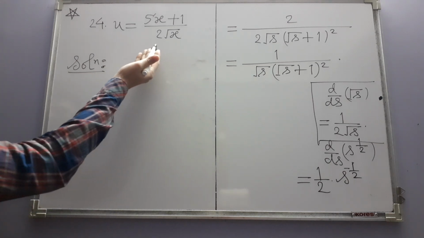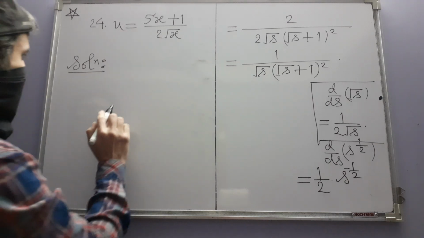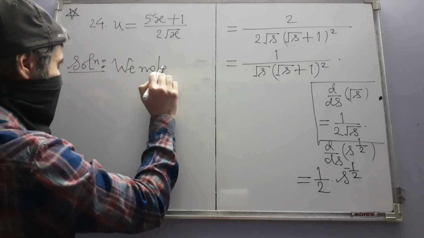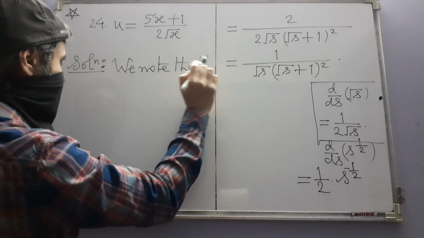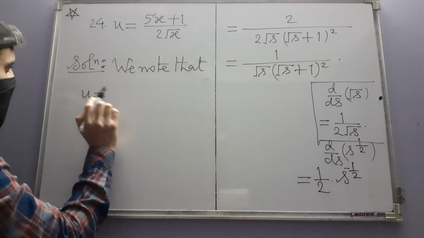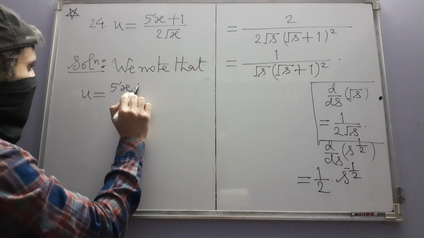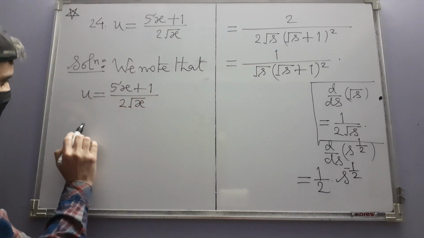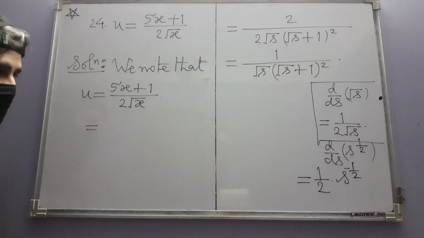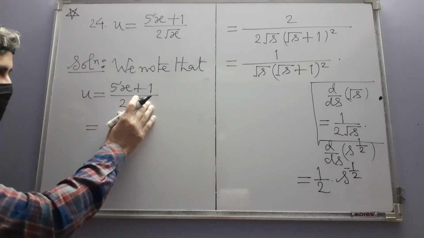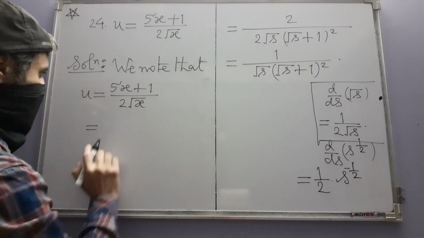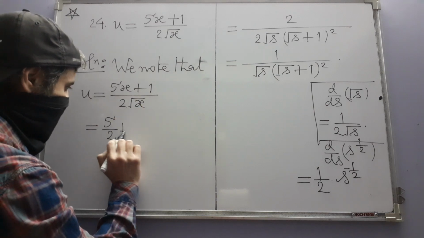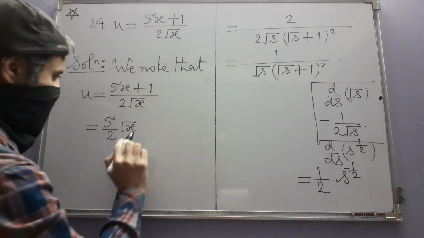You can perhaps already see what I mean by simplifying this. Note that plus 1 divided by 2 root x. If I do the division, in this case I can, because the denominator is quite simple, then there is a cancellation, and after cancelling I have root x here.